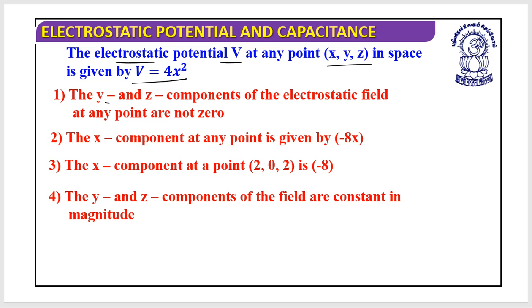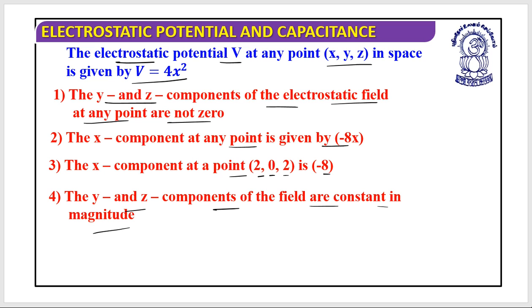The first option says the y and z components of the electrostatic field at any point are not zero. The x component at any point is given by minus 8x. The x component at the point (2, 0, 2) is minus 8. And the y and z components of the field are constant in magnitude.